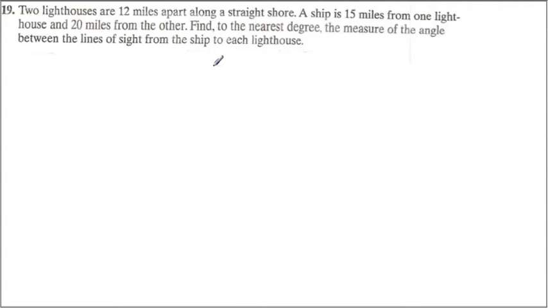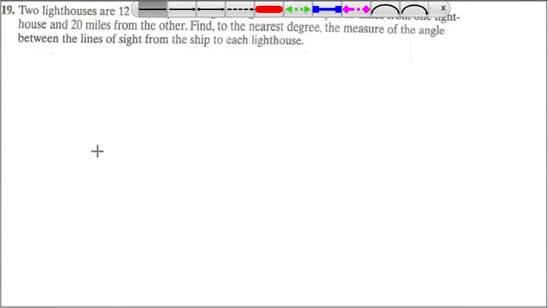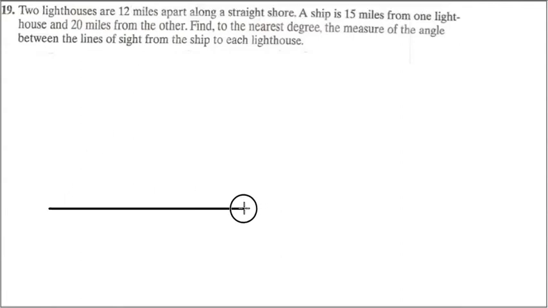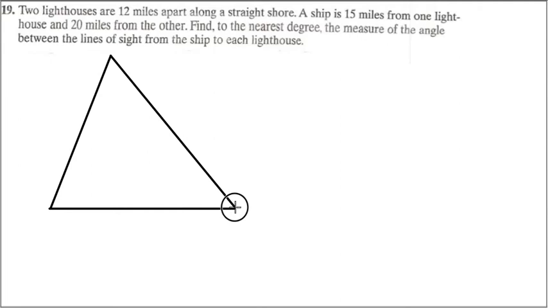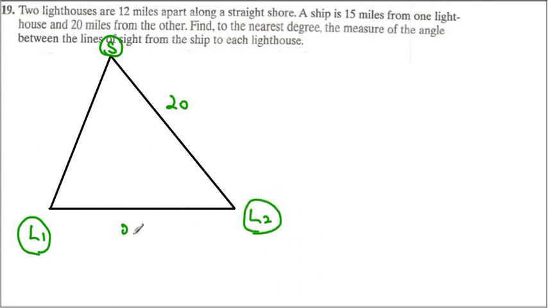So I can just draw one line segment first along the straight shore. So ship is 15 miles from one side, and then 20 miles from the other. So we could call this one as 20. This is ship, lighthouse 1, and lighthouse 2. And these are 12 miles apart, 15 miles in this way.